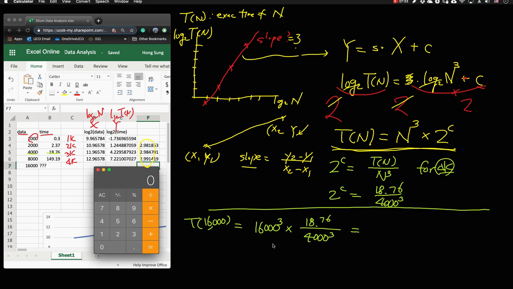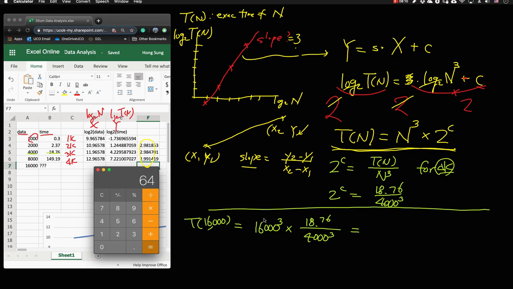Let me first compute 16,000 cubed divided by 4,000 cubed. 16,000 times 16,000 times 16,000, equals, and let's divide by 4,000 three times.